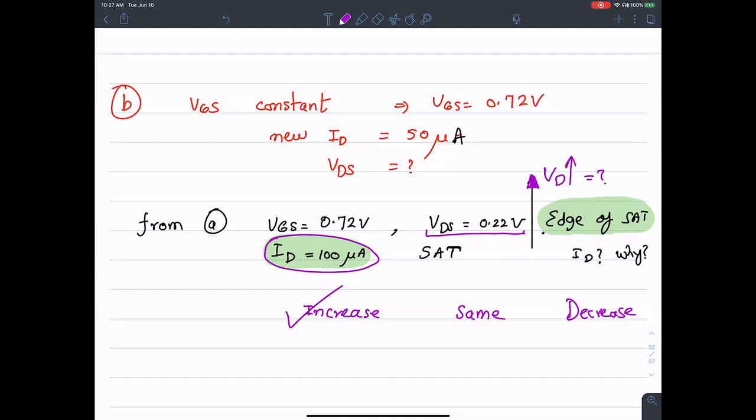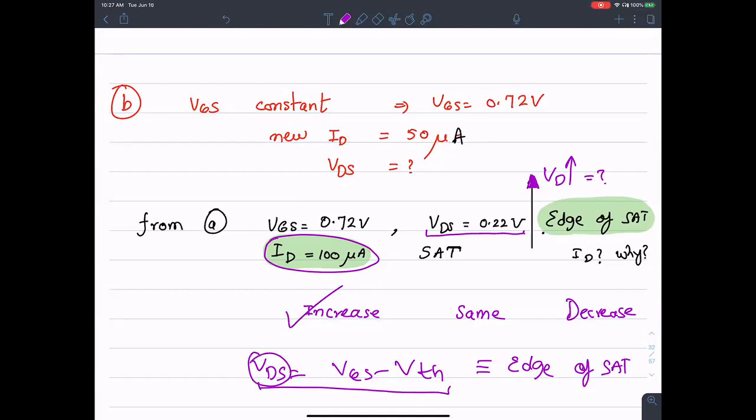Isn't VDS equal to VGS minus VTH? If VGS is constant, then you have to change the VTH or nothing changes, right? When VDS equals VGS minus VTH, we are on the edge of saturation.